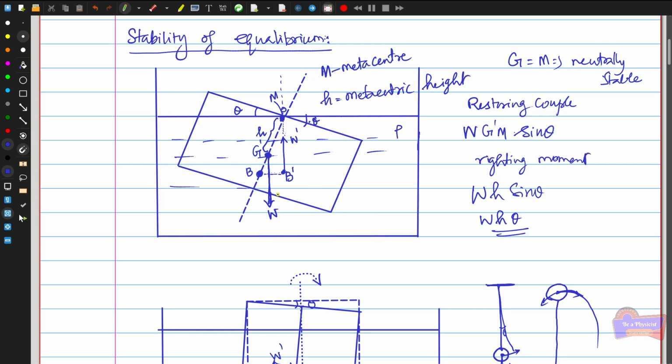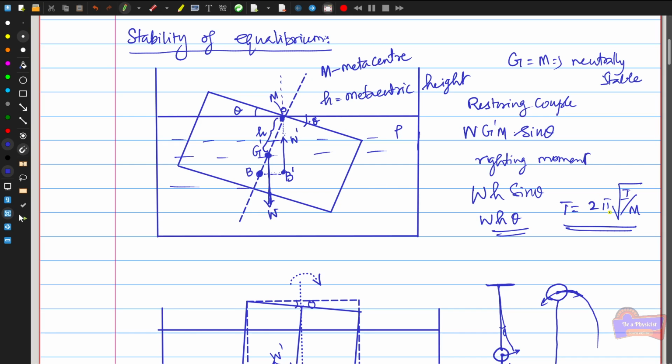As I told you, it produces oscillations, and this is rolling. The time period of the oscillations can be given as T equals 2 pi times the root of I divided by m, where I is the moment of inertia of the ship, and m is the turning moment of the ship, which resembles the time period of simple harmonic motion.